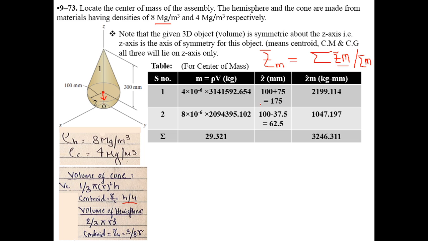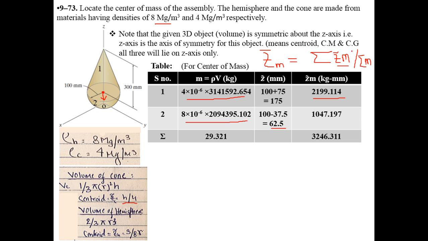So 175 multiplied by the value of this column gives you 2199.114, and similarly 62.5 multiplied by the value of this box gives you 1047.197, and the unit will be kilogram millimeter, because this Z tilde is in millimeter and M is in kilogram. So the unit will be kilogram millimeter.